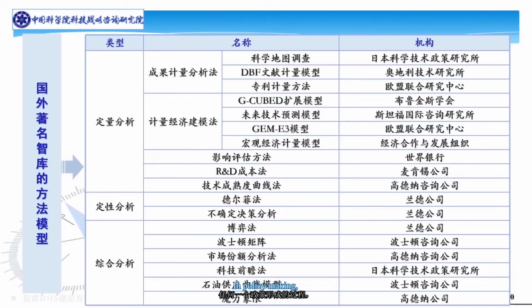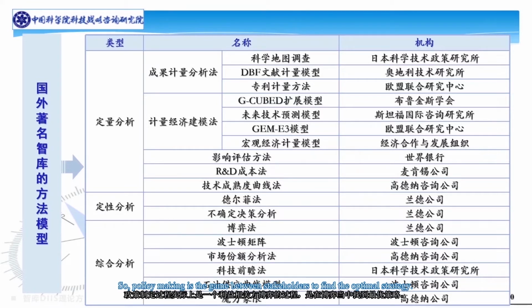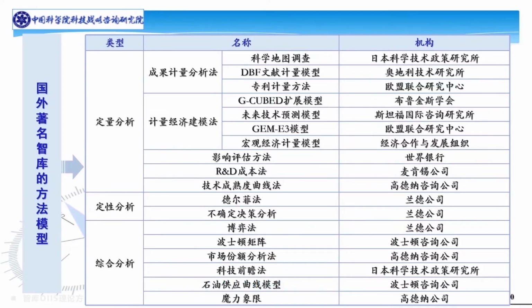In policymaking, the needs of all the stakeholders should be comprehensively considered. So, policymaking is the game between stakeholders to find the optimal strategy. World-famous think tanks can make reports of high quality and high level, which actually thanks to their scientific methods.